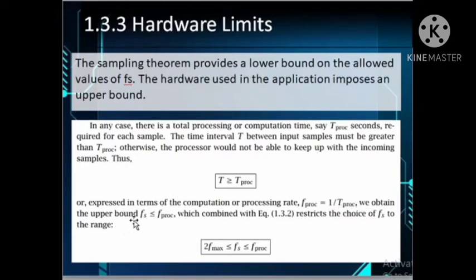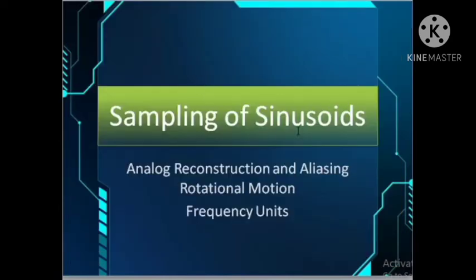We obtain the upper bound: the sampling frequency is less than or equal to the frequency of processing, which combined with equation 1.3.2 restricts the choice of fs to the range f max less than or equal to fs less than or equal to f processing. So we're done with the sampling theorem. Let's go to the second main topic, sampling of sinusoids.